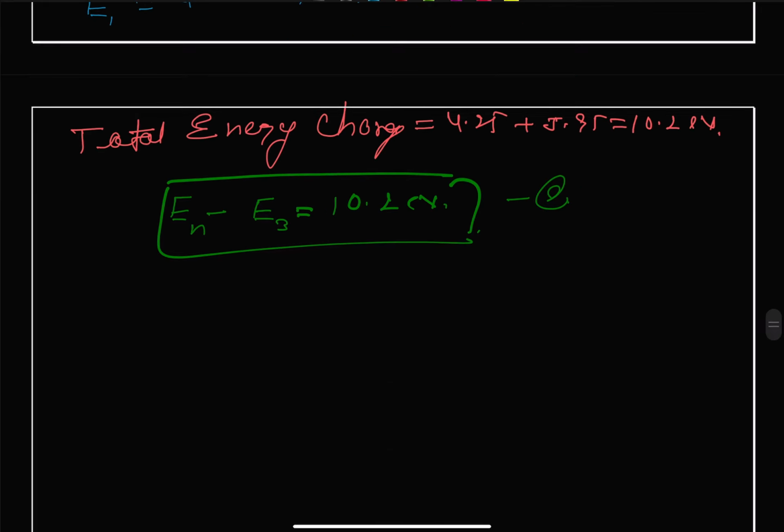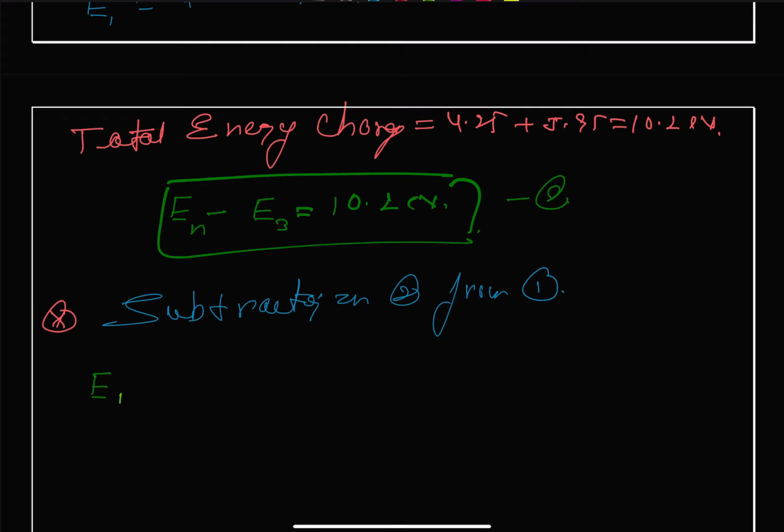So if we subtract equation 2 from 1, we can write this as En minus E2 minus En minus E3, which will give us E3 minus E2 equal to 27.2 minus 10.2.